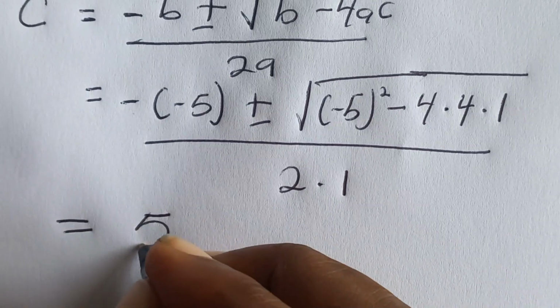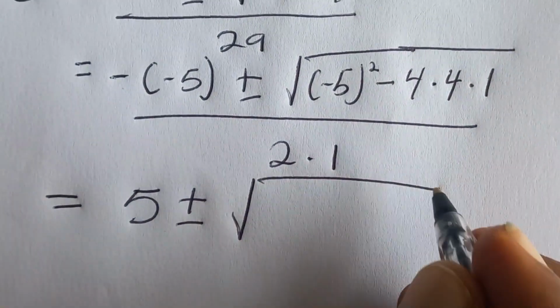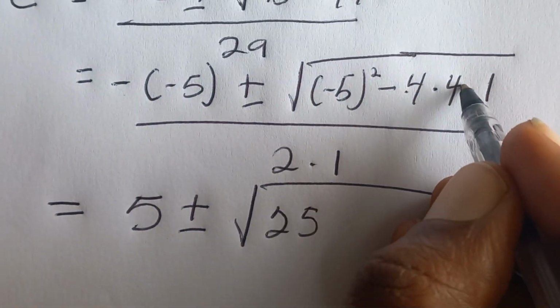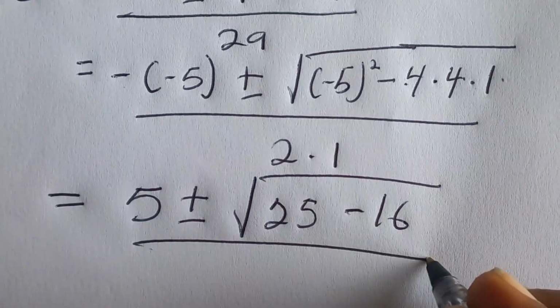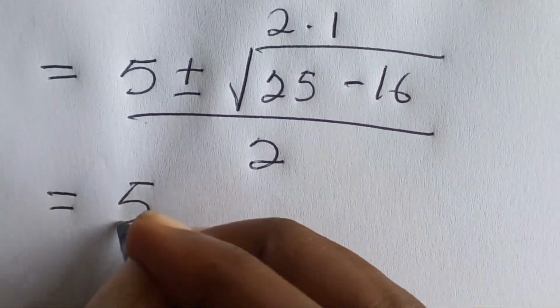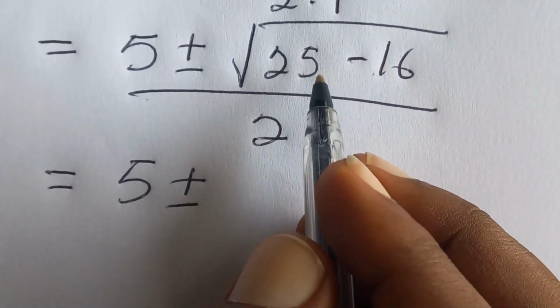This will be 5 plus or minus square root of 5 squared, which is 25, minus 4 times 4, which is 16, times 1, which is minus 16, all over 2. When you subtract this, we are getting 9.